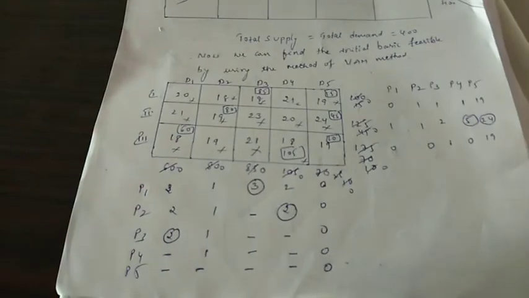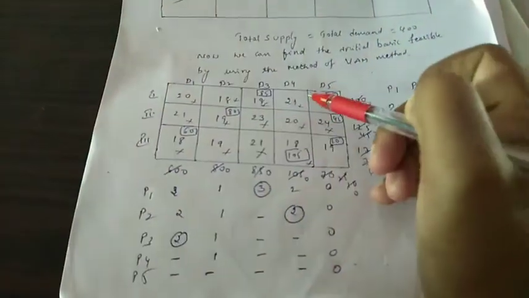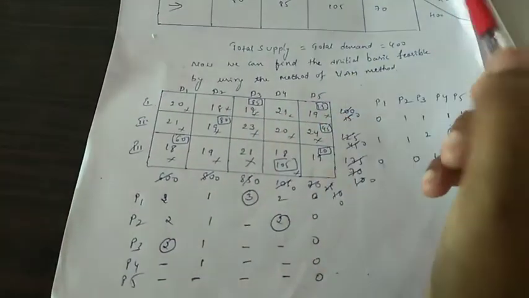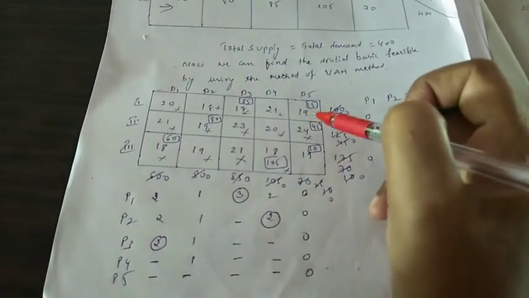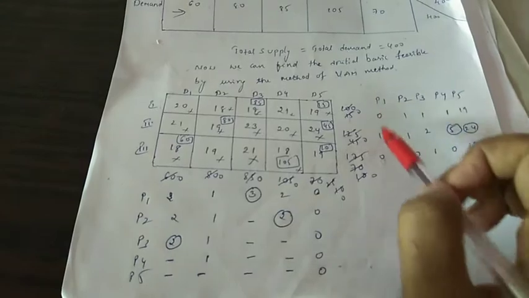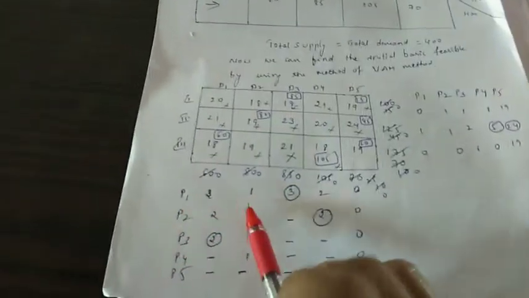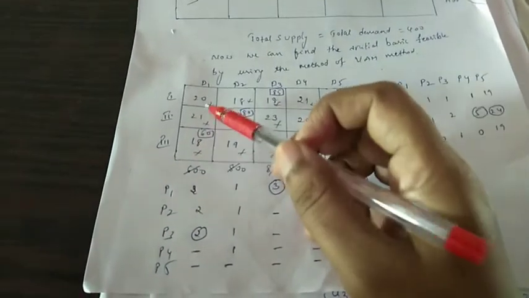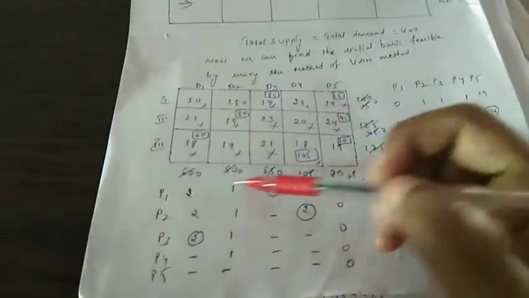By taking the method of Vogel's approximation. What is Vogel's approximation method? First we take the two minimums of each row, and take the second minimum minus the first minimum of each row as the first penalty, like that for all 3 rows. So this is called penalty 1. Similarly, in each column we take the two minimums, second minimum minus first minimum, which is also called penalty 1.